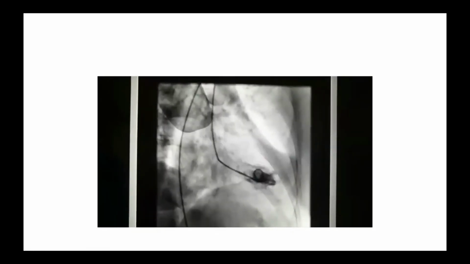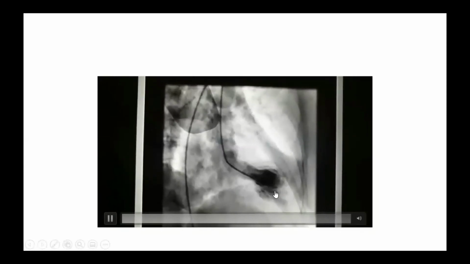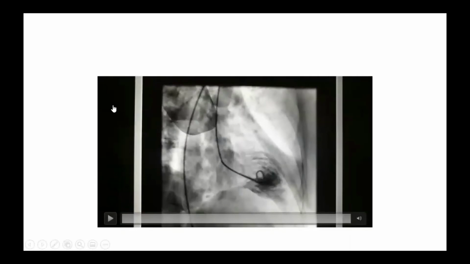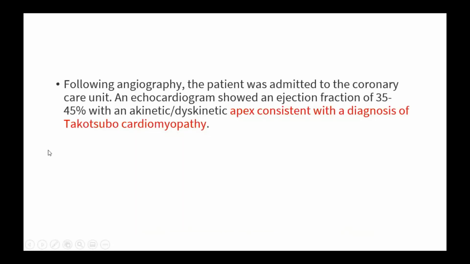You can see the apical ballooning and the hyperkinetic base of the heart, and this goes with Takotsubo cardiomyopathy.